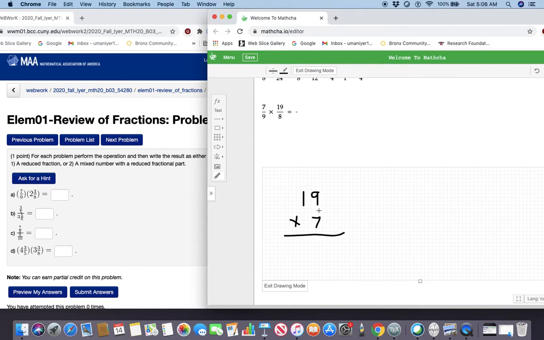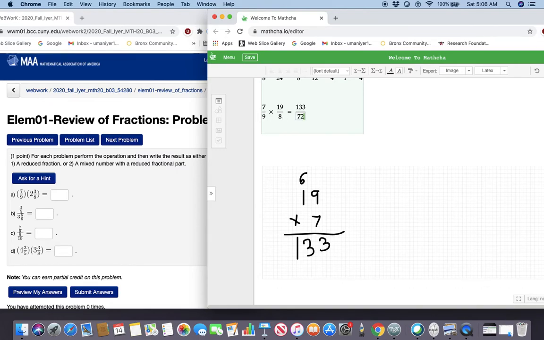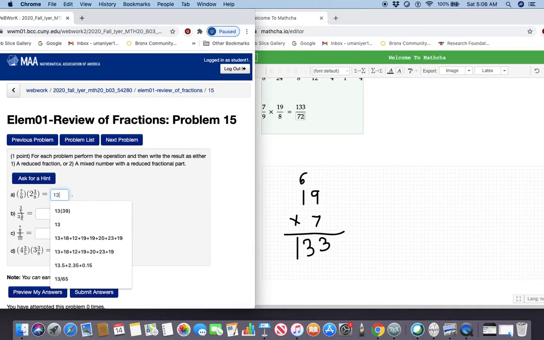We need to know our multiplication tables, guys. 7 times 9 is 63. 7 times 1 is 7, plus 6 is 13. 133, that's the numerator. The denominator is 9 times 8, that is 72. So I can write it as 133 over 72.